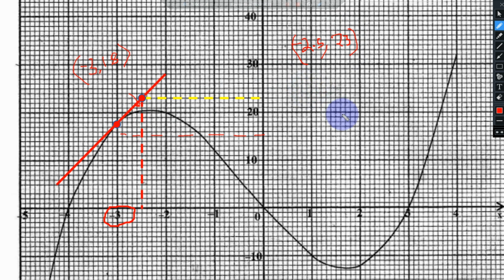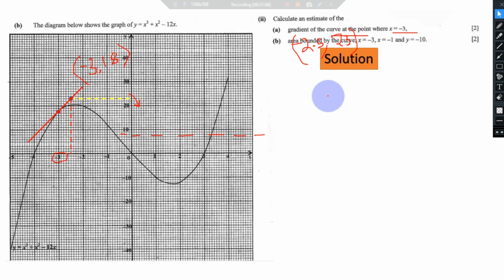Okay, so let us begin. We had those points. We have negative 3, 18. We also have negative 2.5, 23.